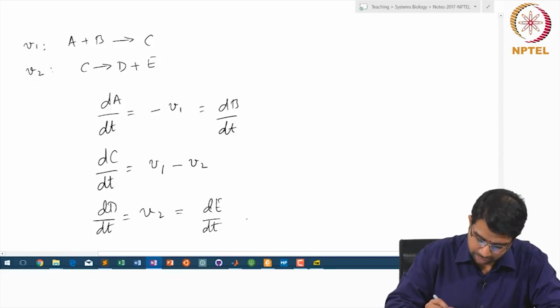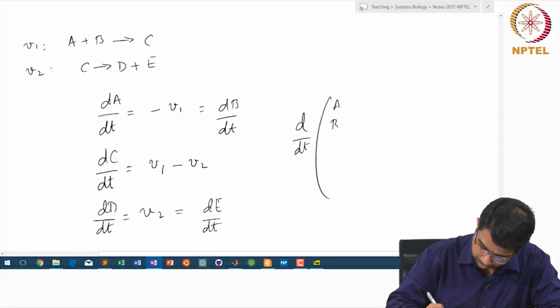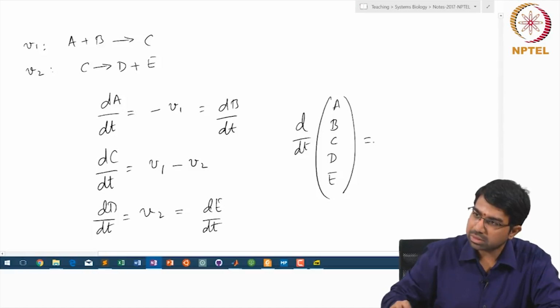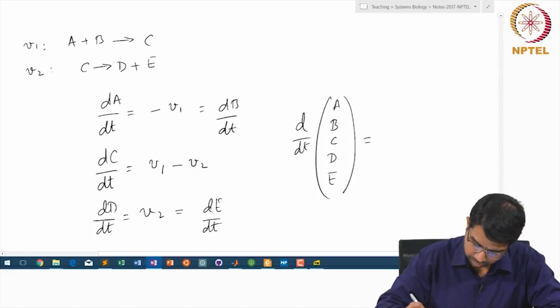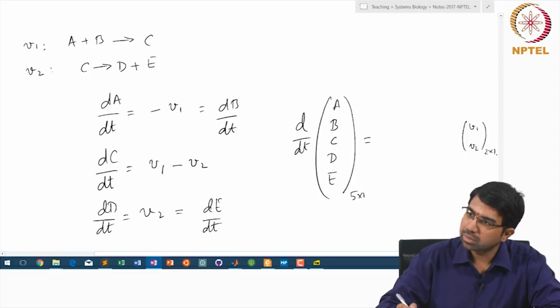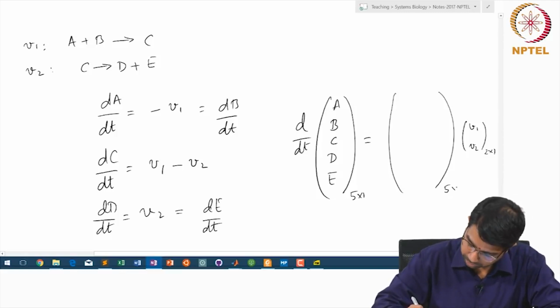So, there is a way to represent this. You can just say d of the concentration vector by dt equals a matrix times the flux vector. The concentration vector is 5 cross 1, the flux vector is 2 cross 1, so we need a 5 cross 2 matrix that connects the two.